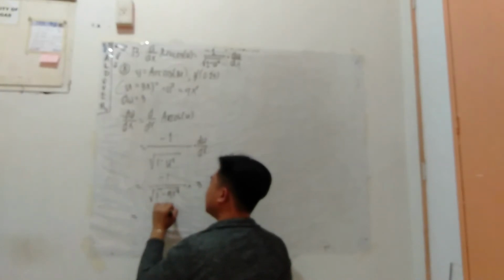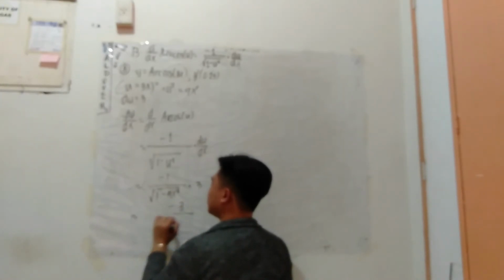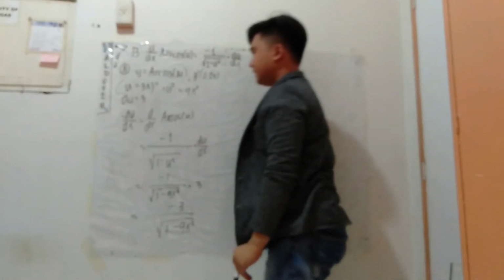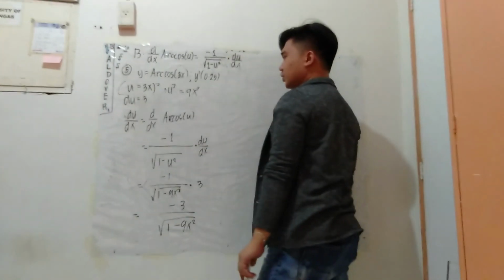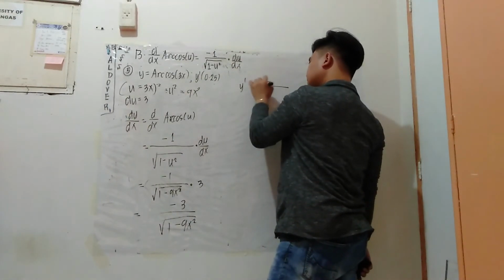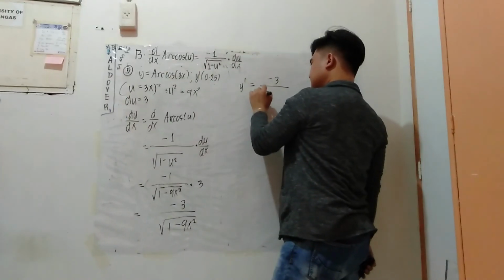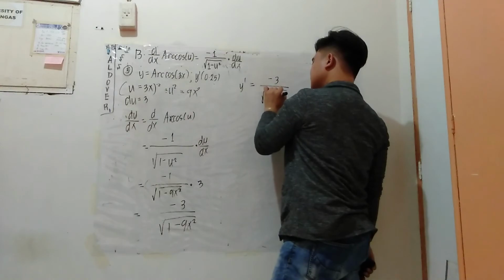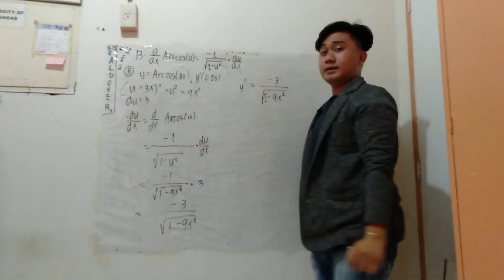Or simply, negative 3 all over square root of 1 minus 9x squared. Okay? So meron na akong dy/dx or y prime. So y prime is equal to negative 3 over square root of 1 minus 9x squared.